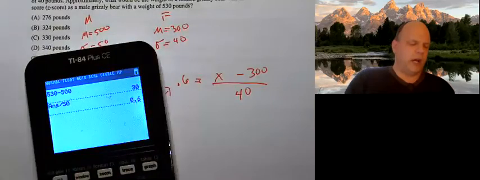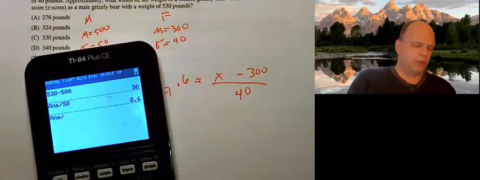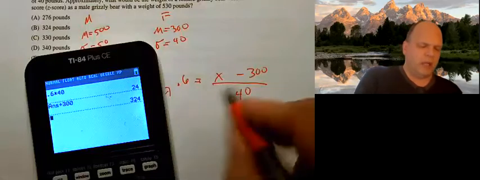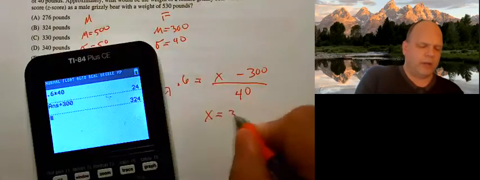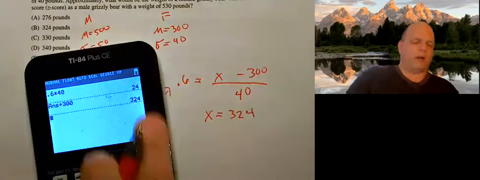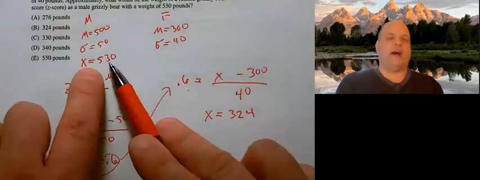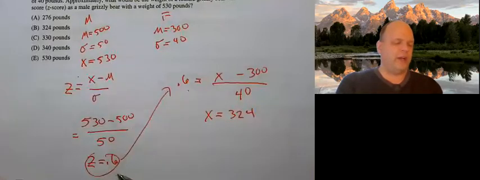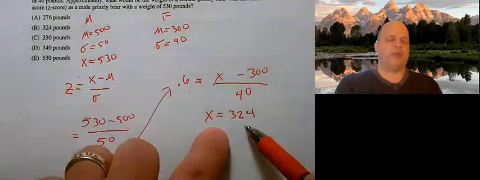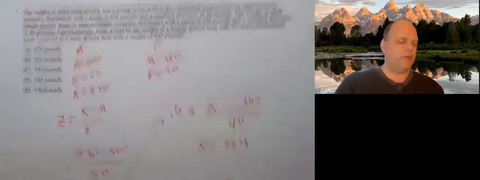So solving using algebra, 0.6 times 40, and then add the 300. And I end up getting that the female grizzly bear needs to weigh 324 pounds. And it's also 0.6 standard deviations above the mean. So this bear, the 530, is 0.6 standard deviations above. The female bear at 324 is 0.6 standard deviations above.